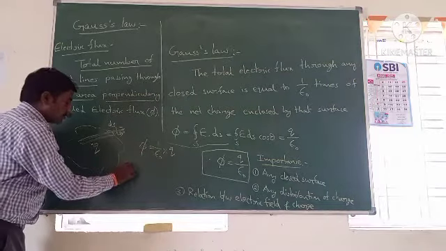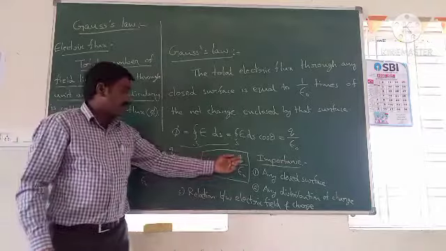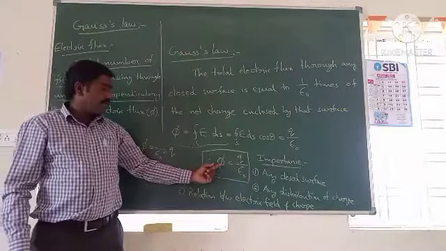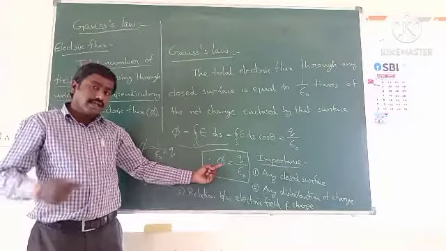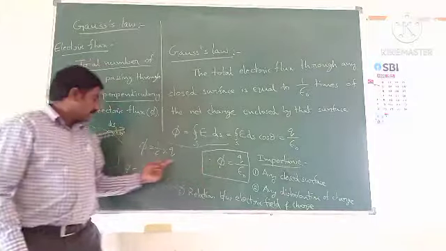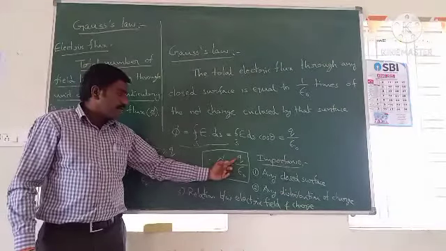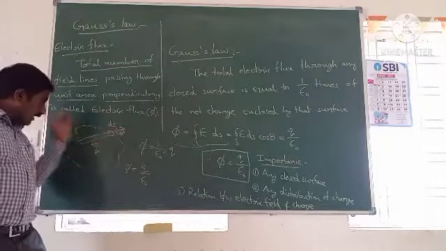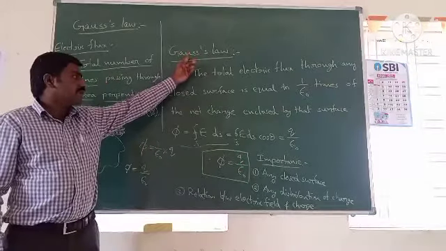That means phi equals Q by epsilon naught. Phi means total electric flux passing through any closed surface, equal to 1 by epsilon naught times the net charge enclosed by that surface.